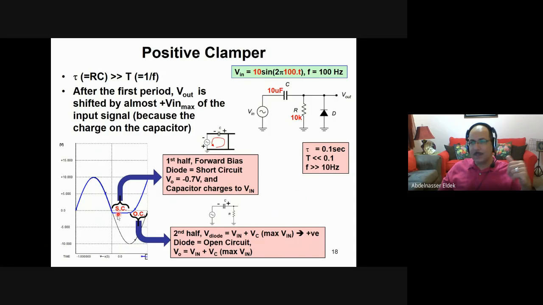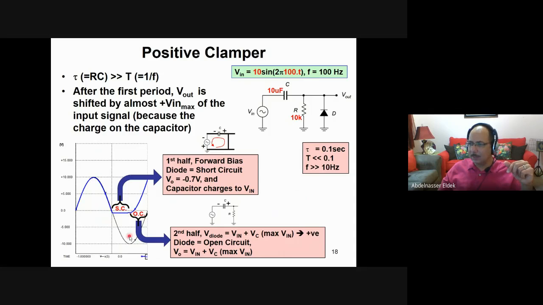Okay, but of course here you see that the voltage in this quarter here is negative 0.7 because, as I said, for the diode, when it is forward bias, the voltage is 0.7 volt. So if it is ideal, if the voltage is 0, then you will have a 0 voltage here. But because the voltage across the diode is 0.7 volt, it will be 0.7 volt when it's short circuit.